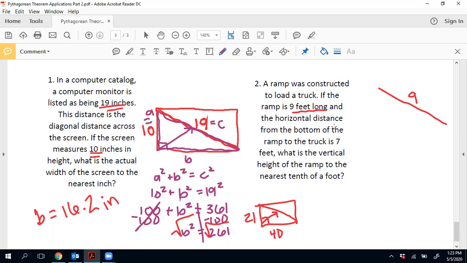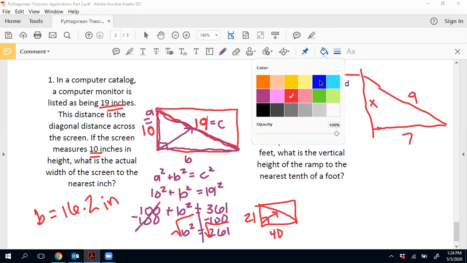It says the horizontal distance from the bottom of the ramp to the truck is 7 feet, so that horizontal distance is going to be 7. And it wants to know the vertical height of the ramp, how tall that part is right there.